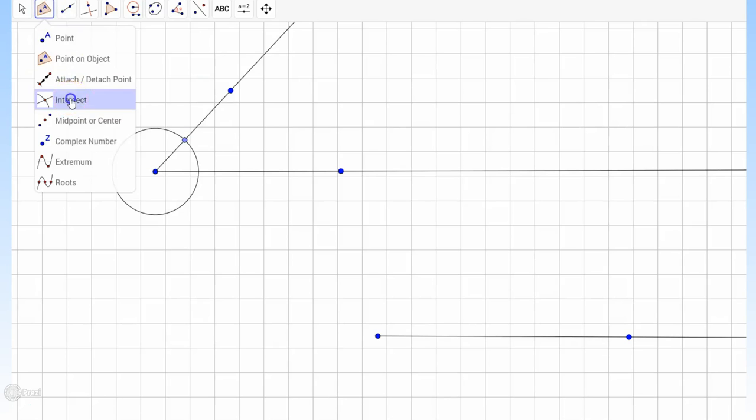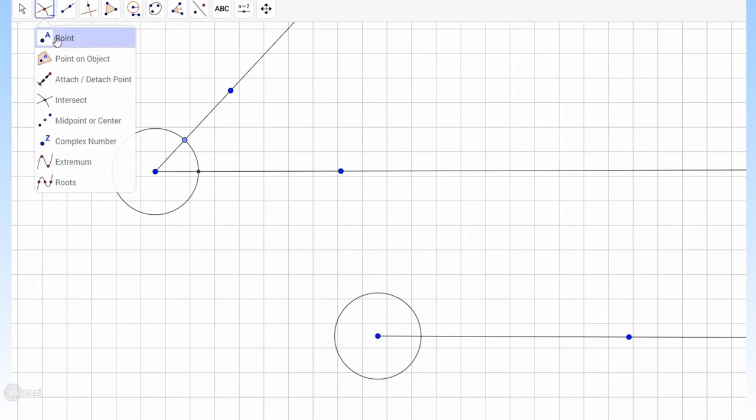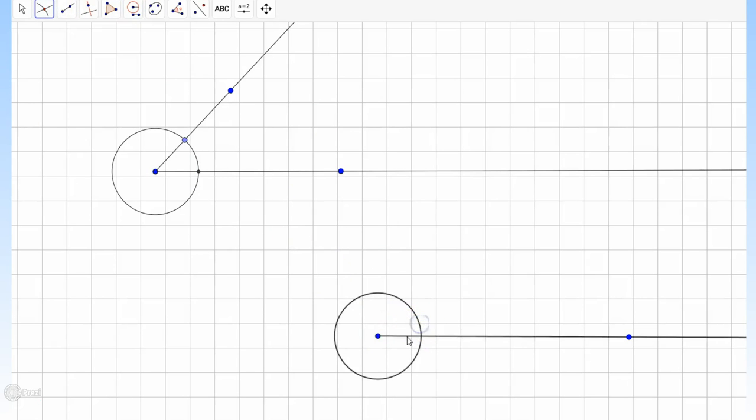So now I'm going to find the point of intersection of these two, and I need that there. And I'm going to do the same exact thing again. I'm going to make a circle with this radius, and I'm going to bring it over here, and I need to find the point of intersection of these two because that's important.